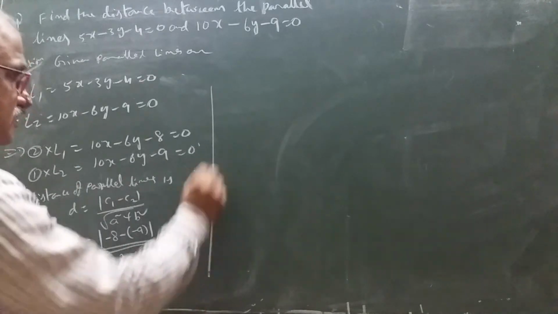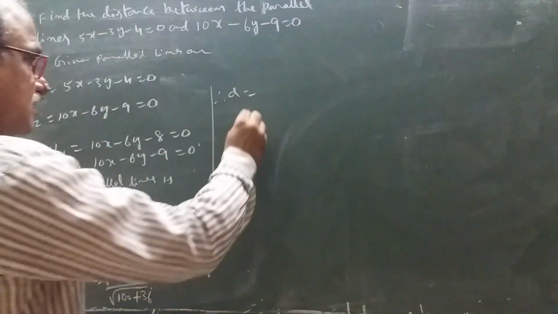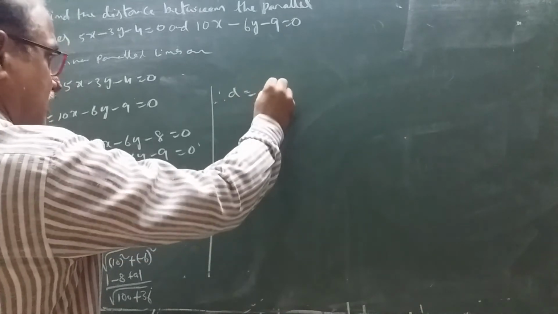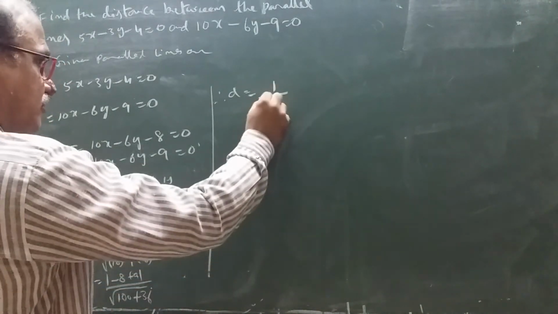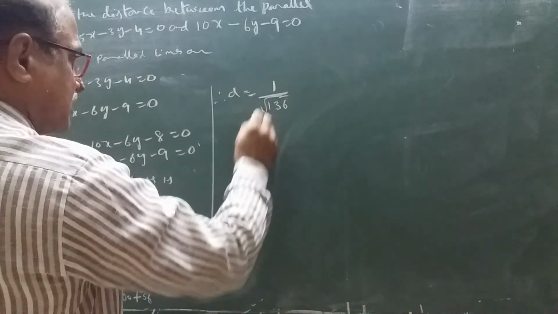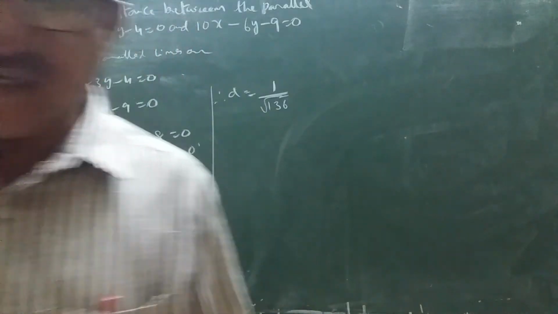That implies d is equal to mod of minus 8 plus 9, which is 1, by root of 136. That is the perpendicular distance between the given two straight lines. Okay.